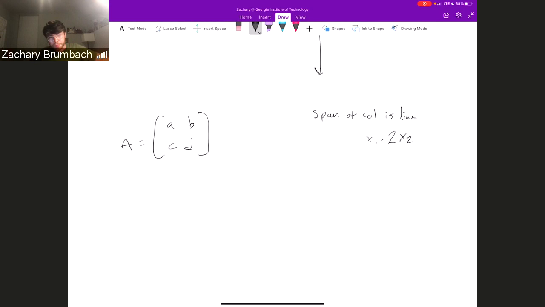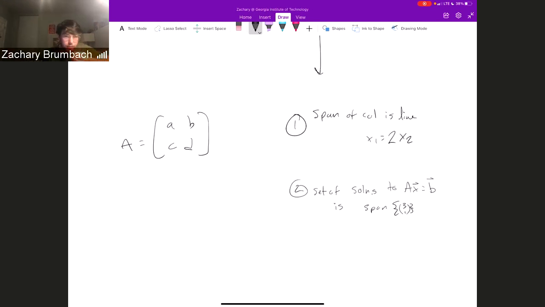And two, the set of solutions to Ax equals b is the span of 3, 1. All right, so you can start at either one of these points.